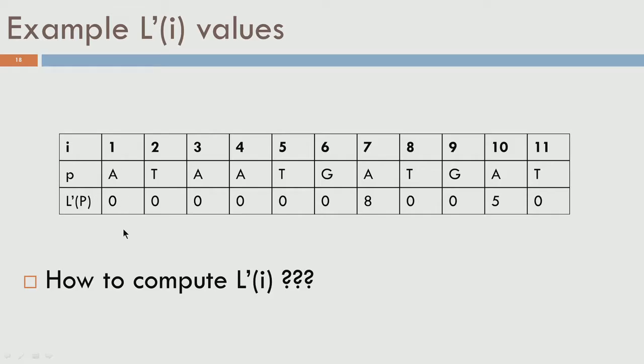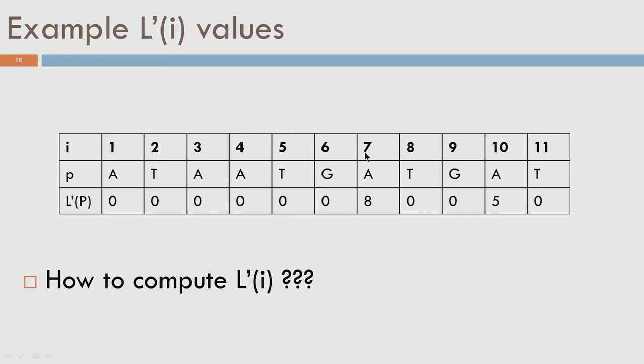So, that is 0. Similarly, L prime of 2 is also 0 up to L prime of 6, which is definitely 0, and in all these cases it is because the string is too long to be contained as a suffix of a preceding portion. So, it is natural that all these values are 0.